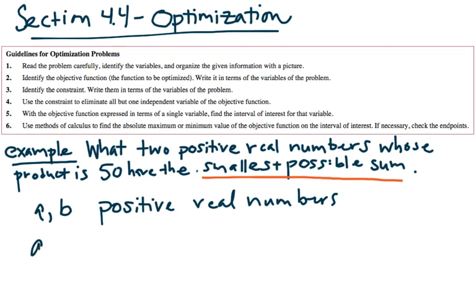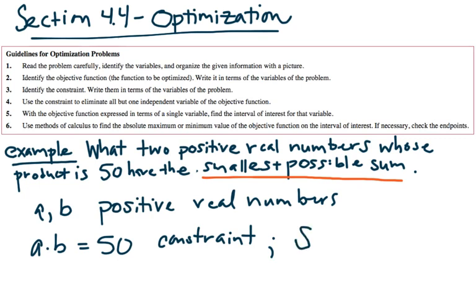We know that A times B has to equal 50. We're constrained by that condition, so we call that our constraint. And we're trying to find the minimum sum, so our objective function, I'm going to call it S. S is A plus B. This is what we want to try to minimize.